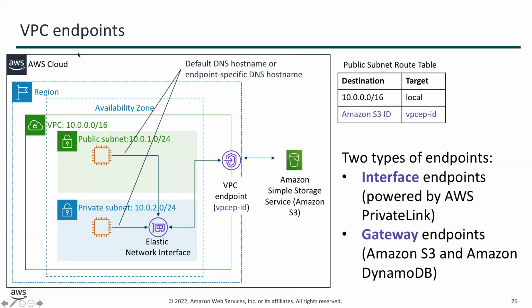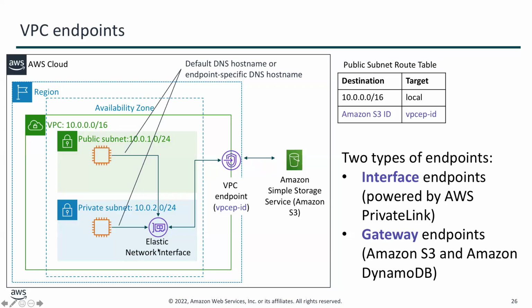Now you have the AWS cloud hierarchy. Within that, we have a region. Within the region, availability zone, you have two subnets within a VPC. Now we can add an endpoint, which will give us a default DNS hostname or an endpoint-specific hostname. You need to have an elastic network interface.